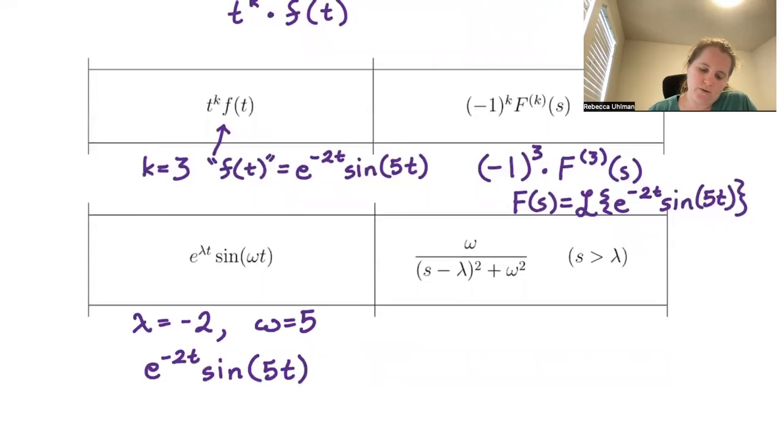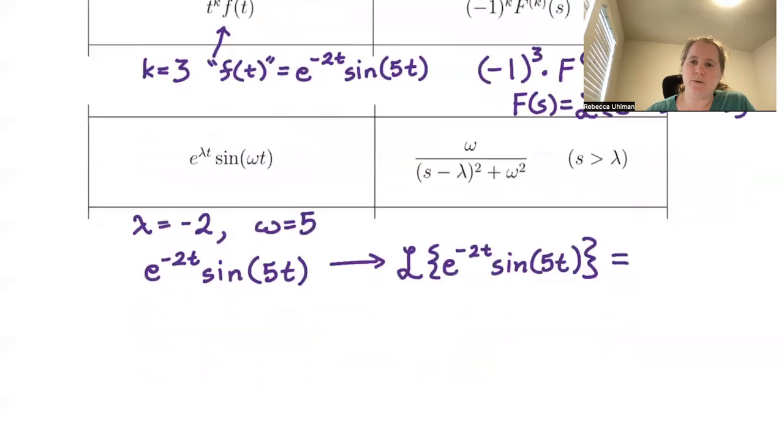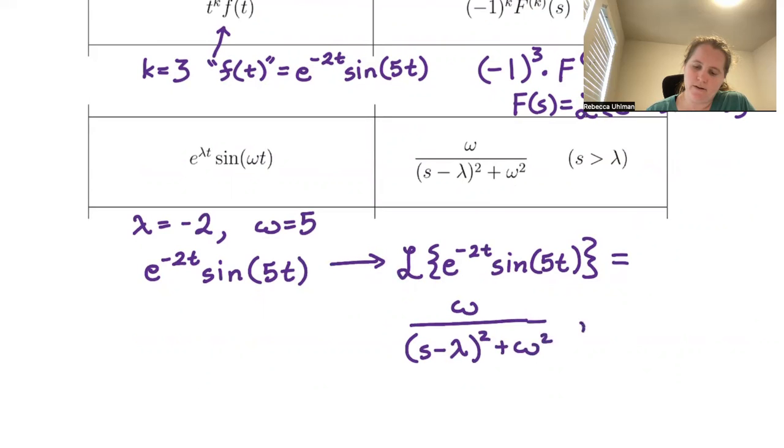So that will go to this f of s that we were looking at. So the Laplace transform of e to the negative 2t sine of 5t should be equal to omega divided by s minus lambda squared plus omega squared, defined for s greater than lambda.